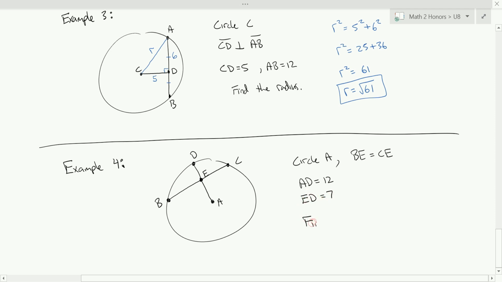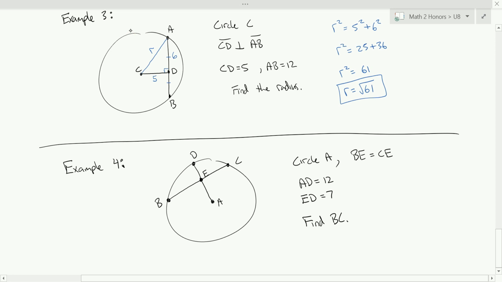I'd like you to find BC. Again, be mindful of the radius.